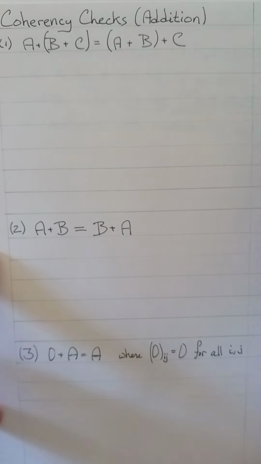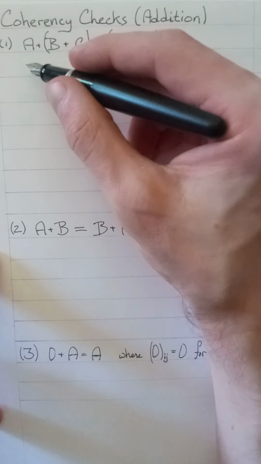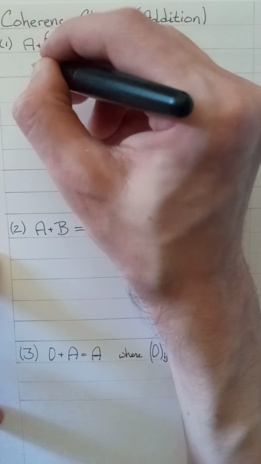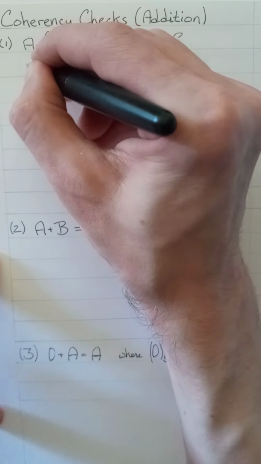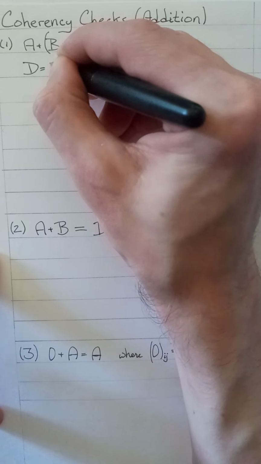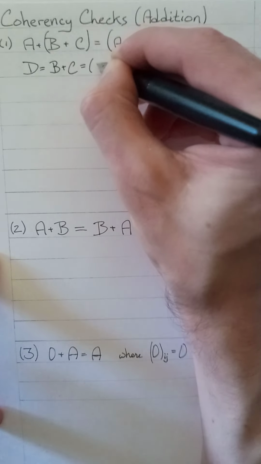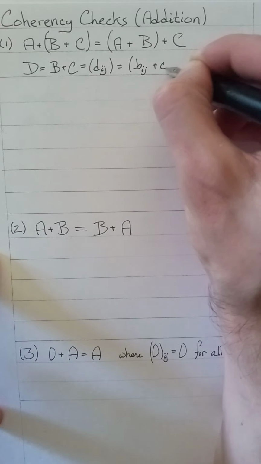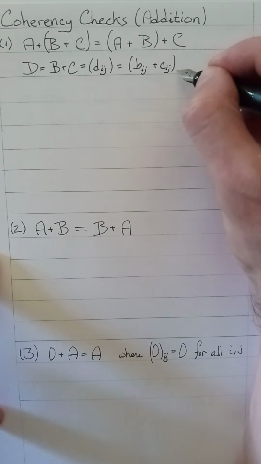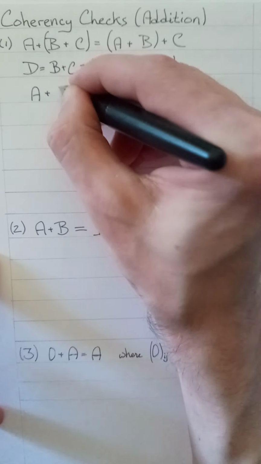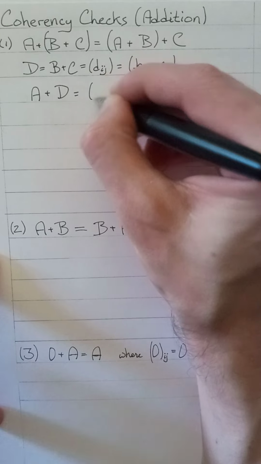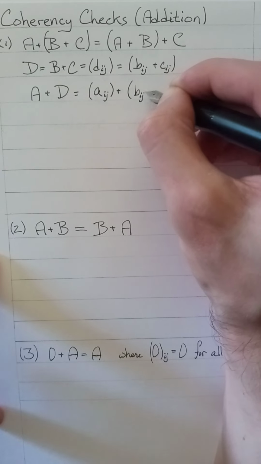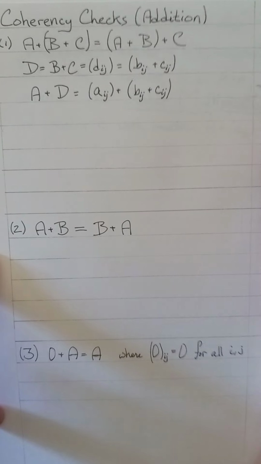I'm going to have the lowercase letter a sub ij be the ijth component of the associated matrix A. So for this, if you let D equal B plus C, so it's equal to d_ij, which is equal to b_ij plus c_ij, then A plus D is equal to a_ij plus d_ij, which is just a_ij plus (b_ij plus c_ij), right?